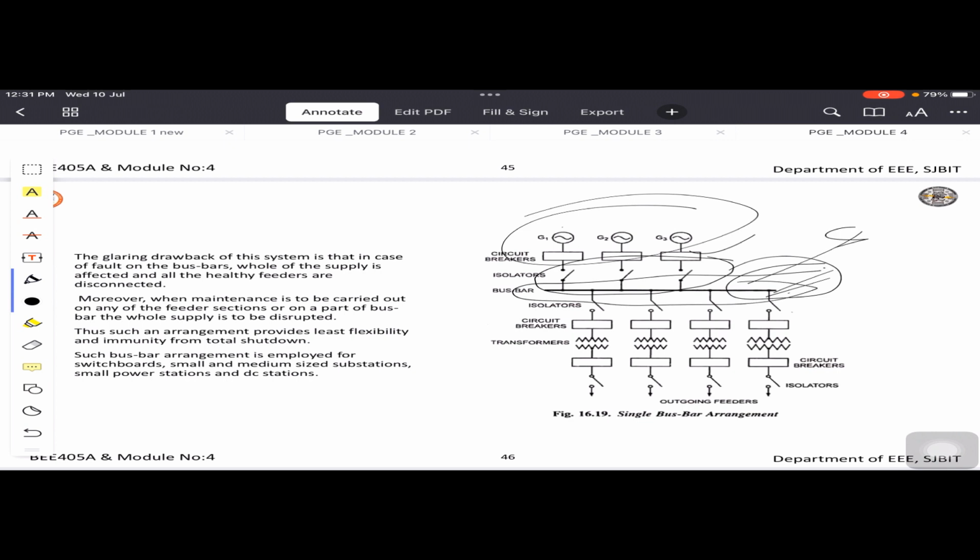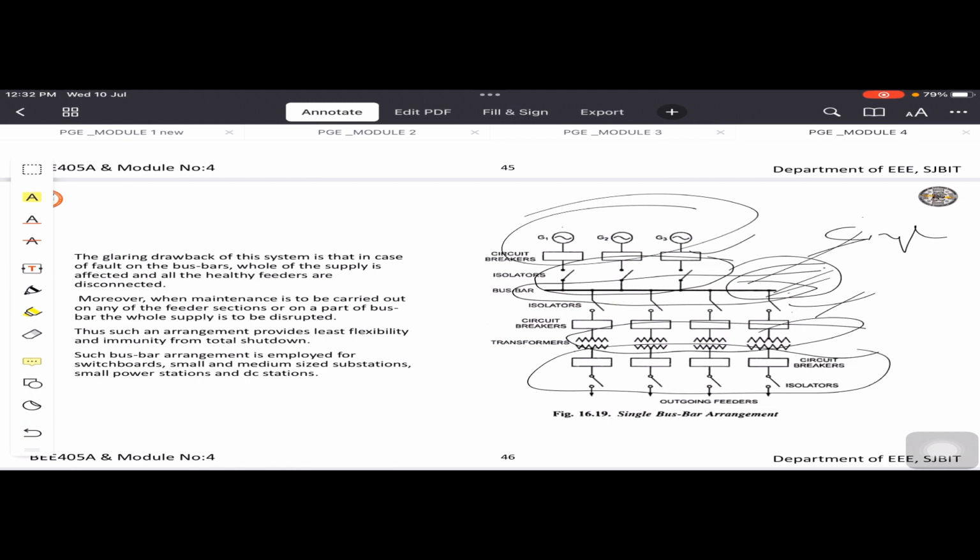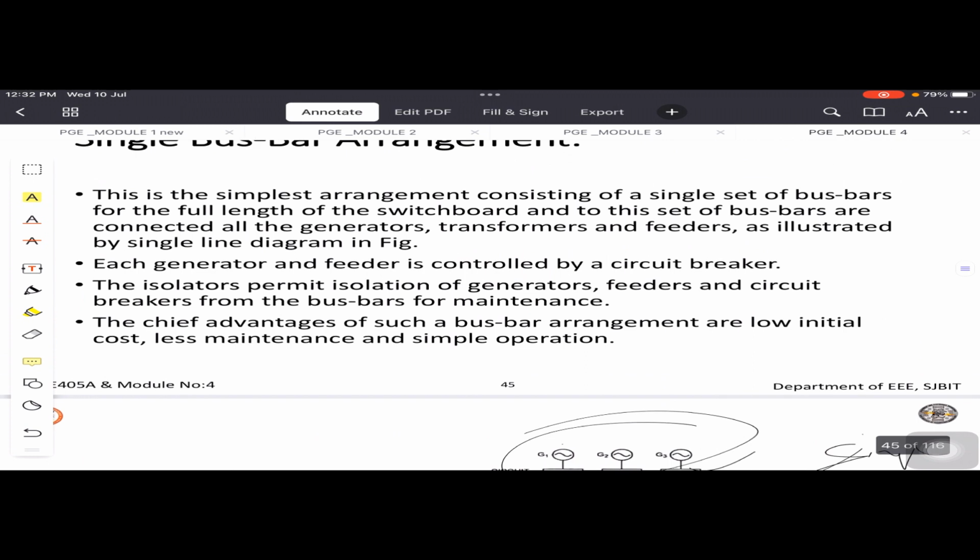Then again you have isolators, circuit breakers, transformer connections, then at the end outgoing feeders along with circuit breakers and isolators.